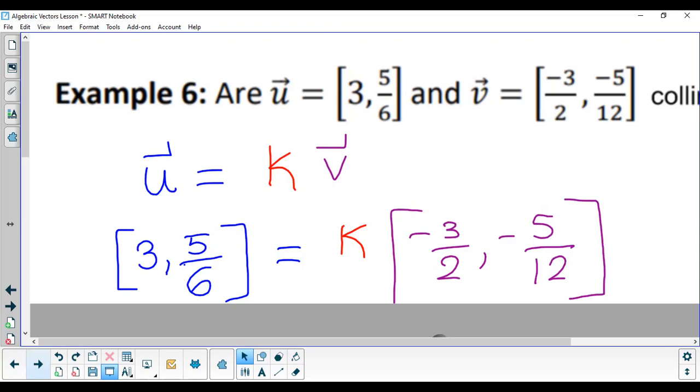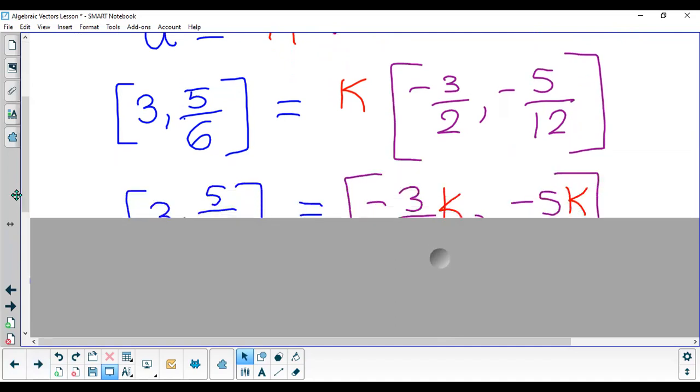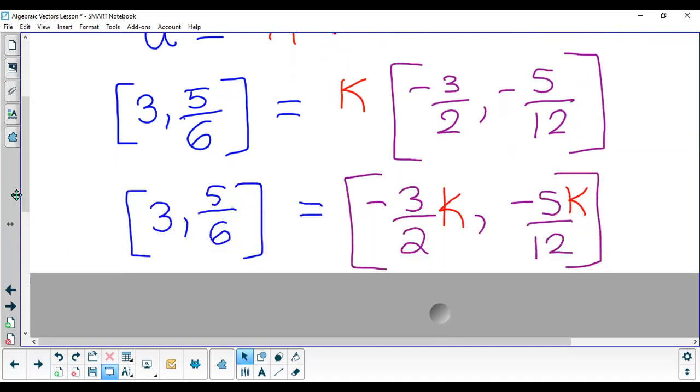Does anyone have any idea what the next step might be? What should I do next? If that k is in front and I have to multiply it, what is that called? What did we learn in grade 9? Yes, we're going to use our distributive property and multiply, because the x component of vector v and the y component of vector v have to be multiplied by some scale factor, and then that has to be equal to my vector u.